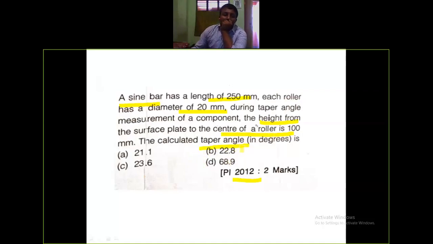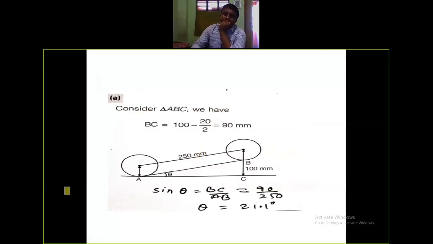During the lab, I discussed how to calculate the taper angle by using the sine bar. Just assume that these are the two rollers of the sine bar, and this is the surface plate.